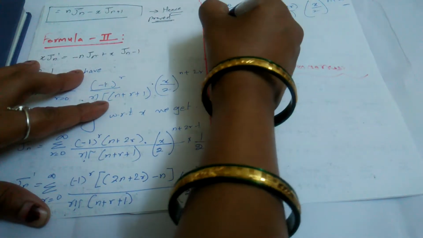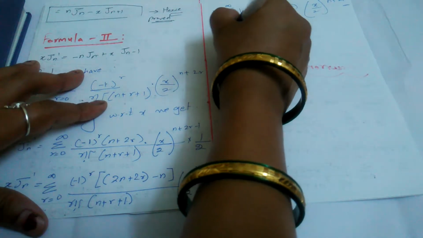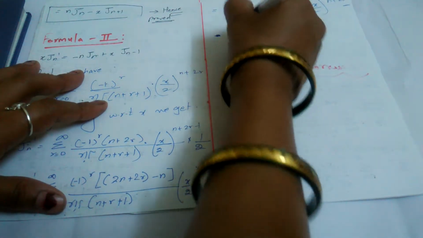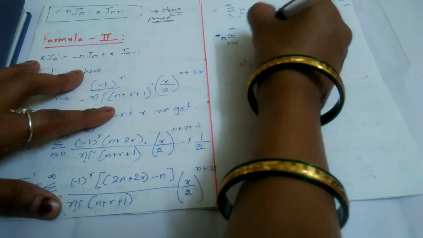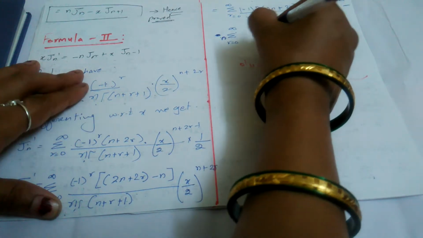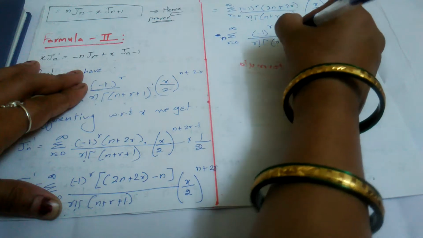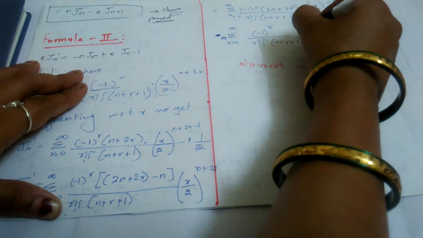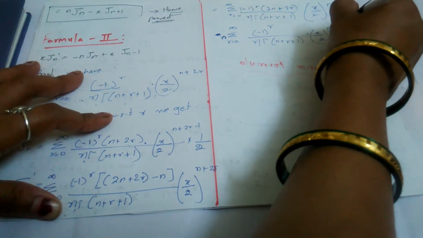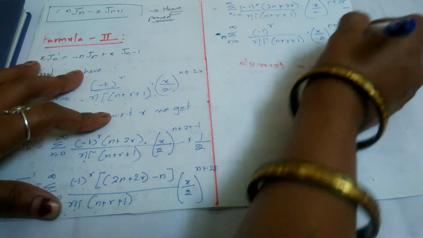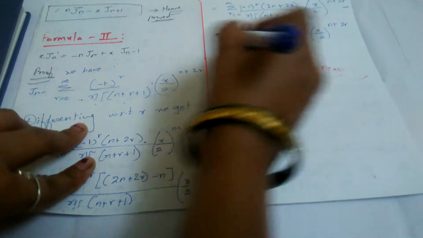So it is again minus here. So it is the summation of r from 0 to infinity. Let me write n outside, and the same term: (-1)^r divided by r factorial (n + r + 1) into (x/2) whole to the power n + 2r. Now if we check, this term is similar to our Jn.